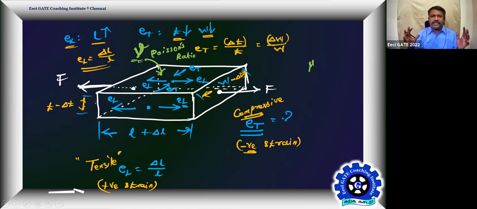So the longitudinal strain becomes compressive, reducing the length, whereas ET, the transverse strain, will become automatically positive, increasing the thickness and the width, so it becomes tensile. So when you apply a compressive force, it results in a compressive longitudinal strain and a tensile transverse strain. Hope you are able to understand these points, all of you.